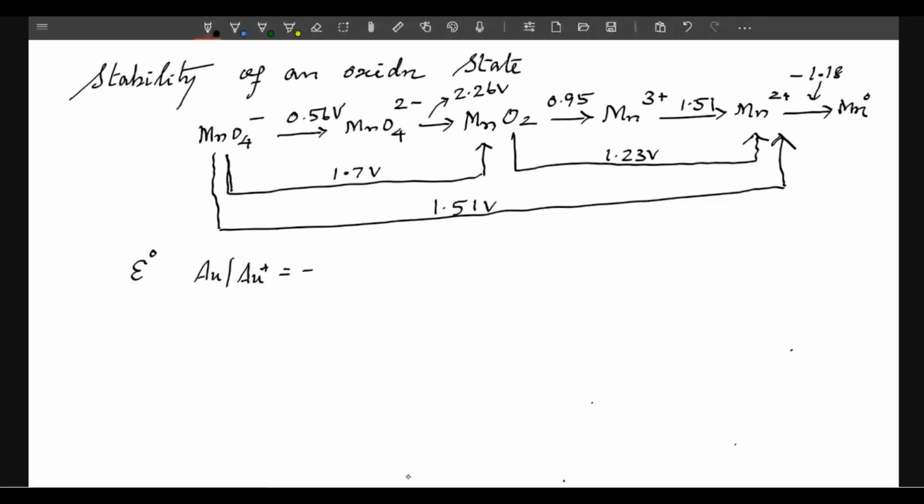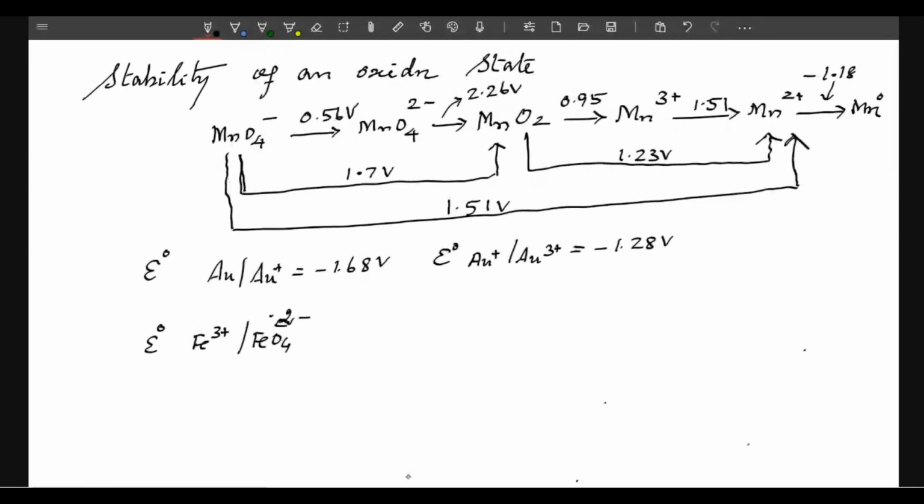For iron 6 plus, FeO4 2 minus to iron 3 plus, it is 2.2 volt, and for iron 3 plus to iron 2 plus, it is 0.77 volt.